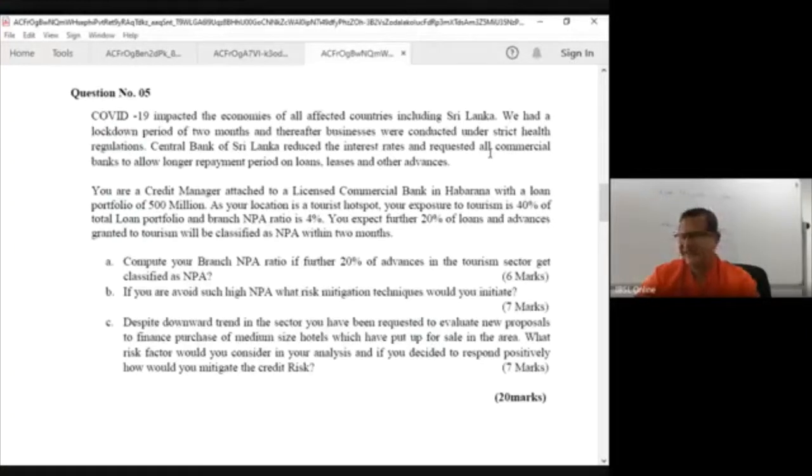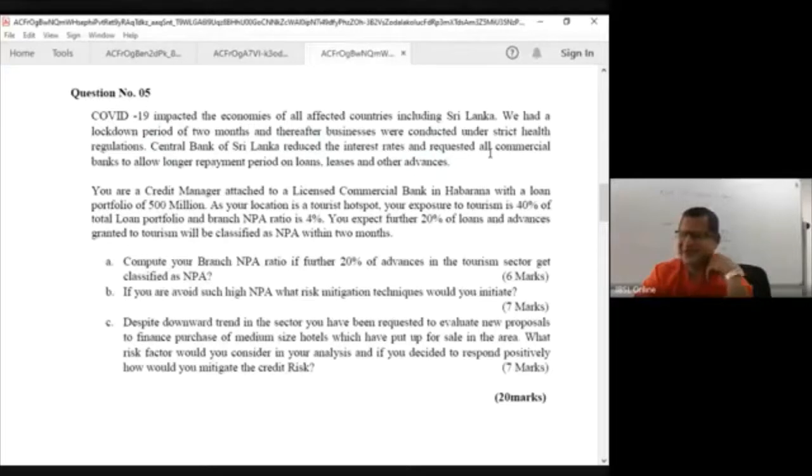What you need to decide is to get a customer who has a different diversified business interest. That means though the tourism sector is affected, his other businesses are making money. So he may be able to pay the loan from the profits of other businesses.